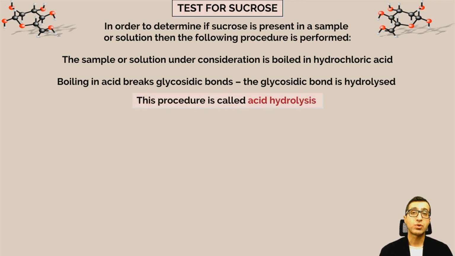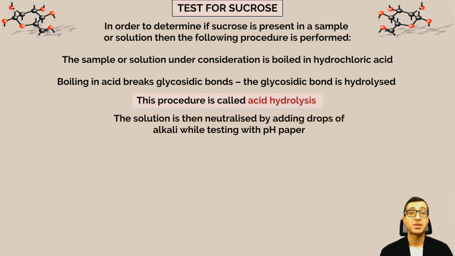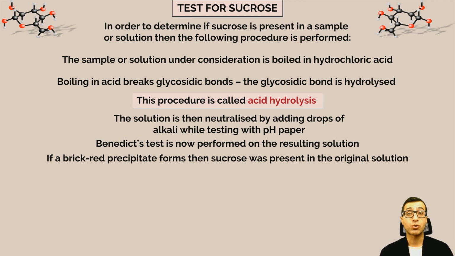The solution that you then form is then neutralized by adding drops of alkali while testing with pH paper or with a pH meter. And now that you've got a neutral solution, you can then perform Benedict's test on the resulting solution. Now, if you get a brick red precipitate forming, then sucrose was present in the original solution.